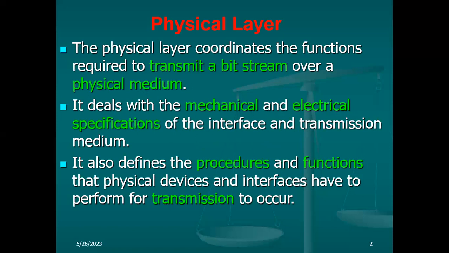The physical layer is the important layer which coordinates the functions for transmitting the data over the physical medium. It deals with the electrical and mechanical specifications of the interface and transmission medium. It also defines the functions of physical devices as well as interfaces.